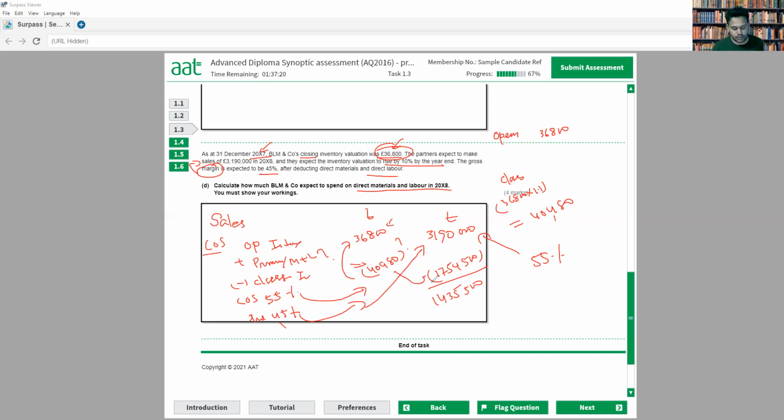So let's try this one. So we said 1,754,500. Then this is minus the closing inventory, I'm going to make it plus 40,480. And the opening inventory is a plus, I'm going to make it minus 36,800. And that gives me 1,758,180.